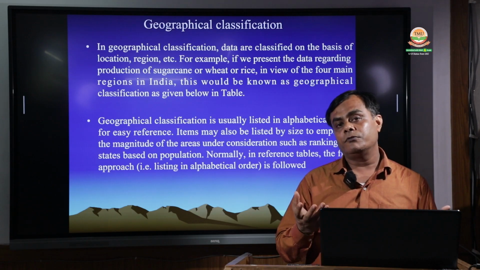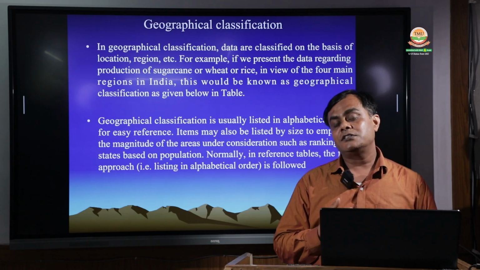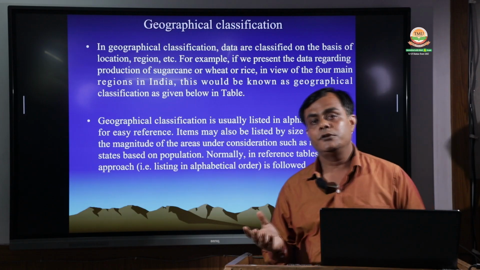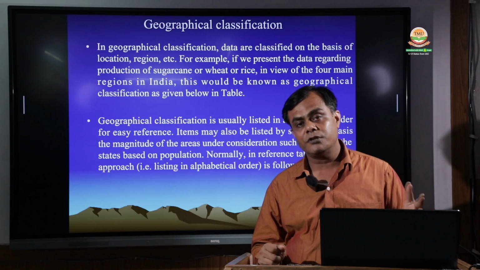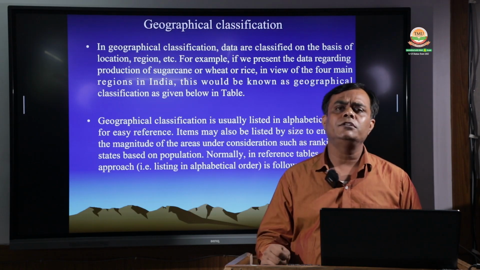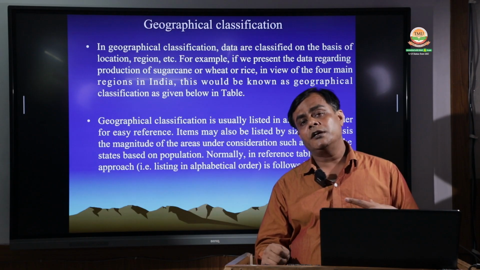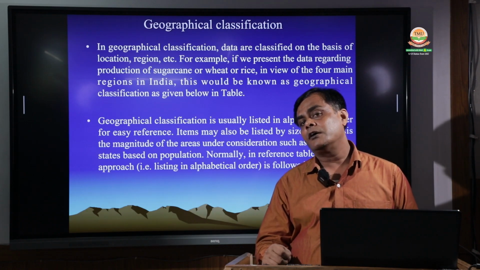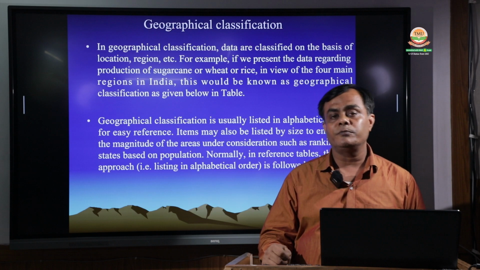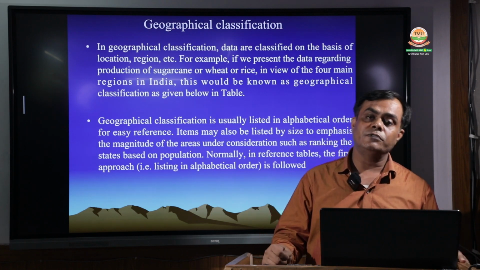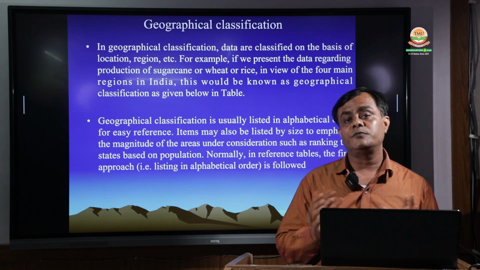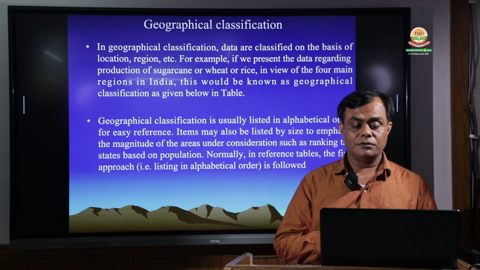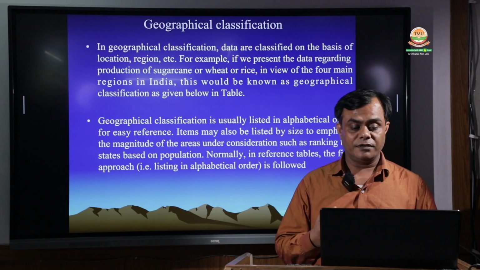On that basis we also calculate in which state the highest production of wheat, rice or sugar cane occurs. Also, we are able to say which district gives the highest percentage of sugarcane, wheat or rice production. So these are the classifications in the first way.